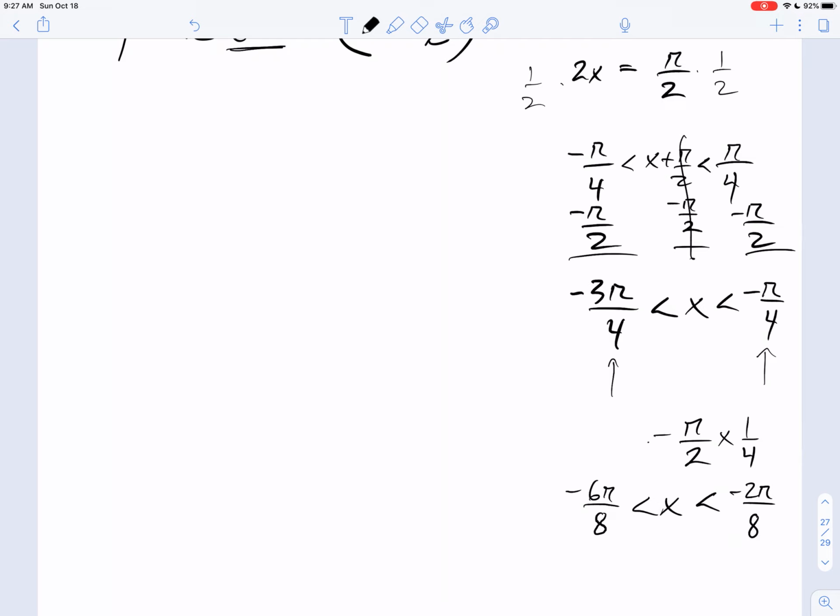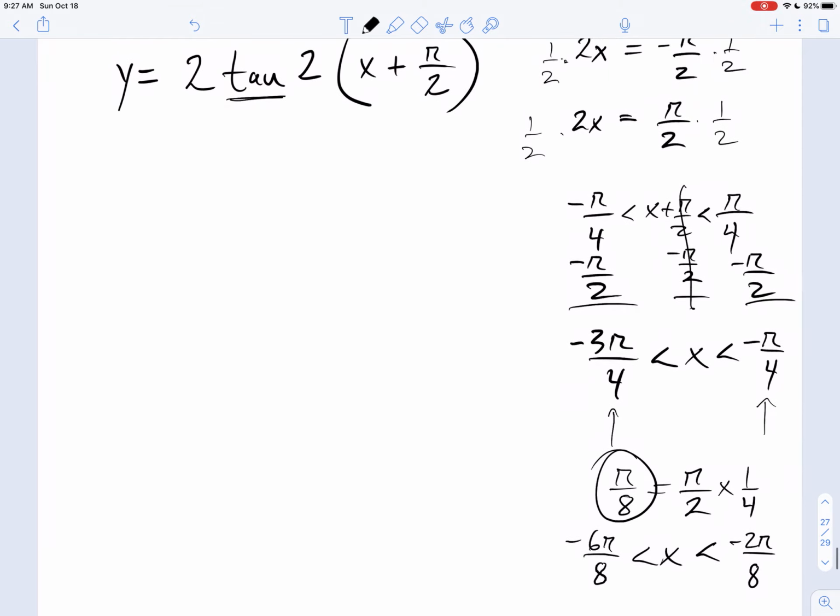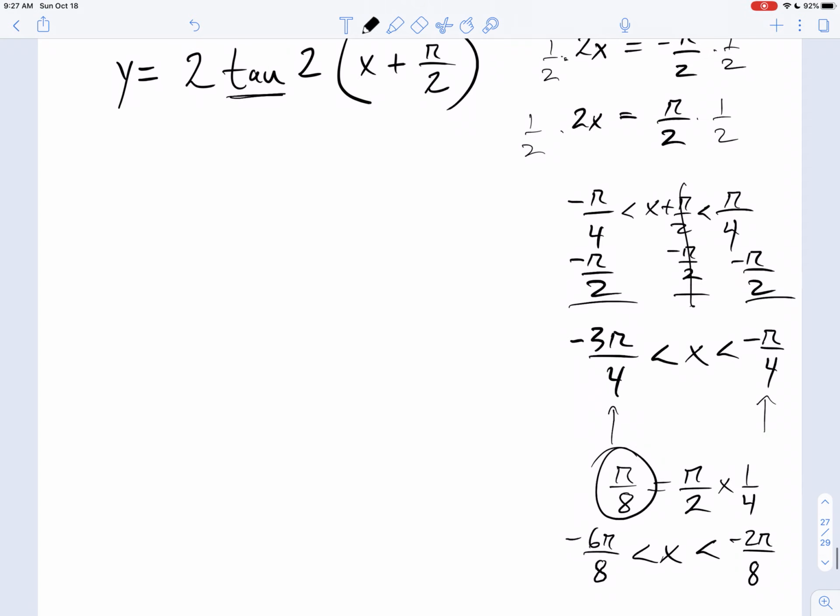So when I count off my increments, I could technically just be counting. Let's get one little part of this graph done, because in this section they're going to ask you for two periods of the graph. So me personally, I like to get one period drawn and then I just extend it.